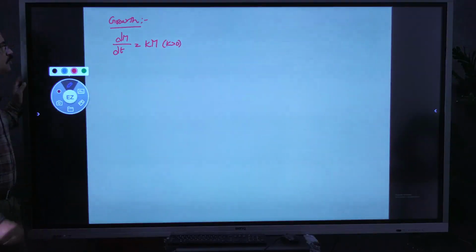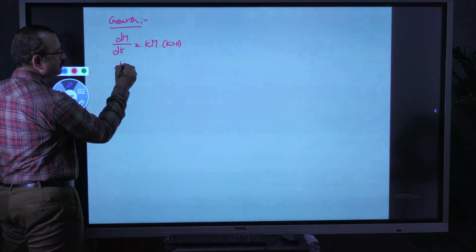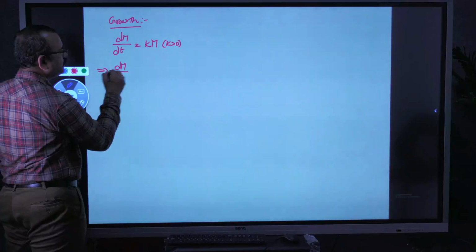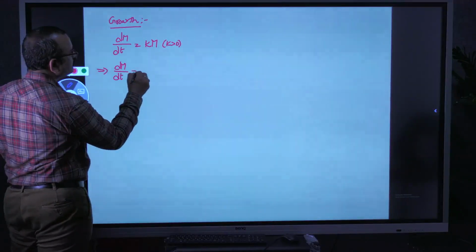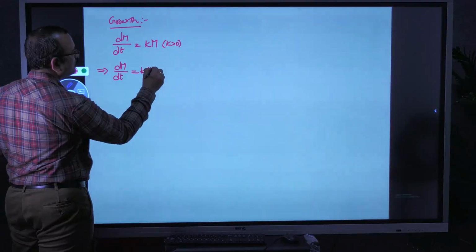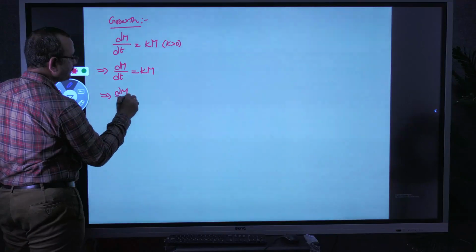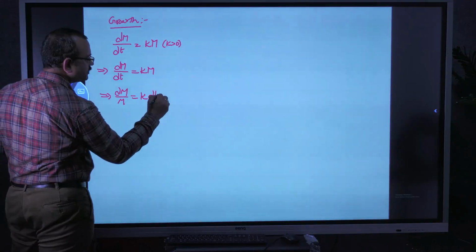Now we will see how to solve this. It is a variable separable differential equation. So we can write dm by m is equal to, of course k is a constant, k dt.